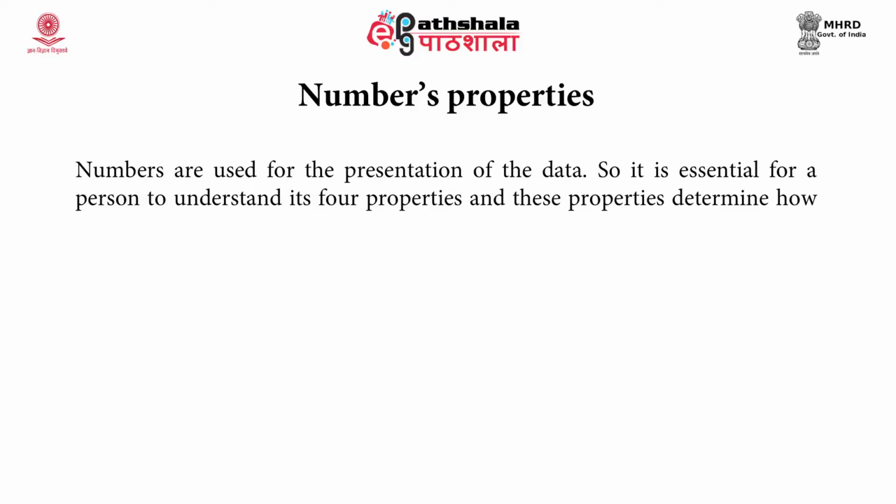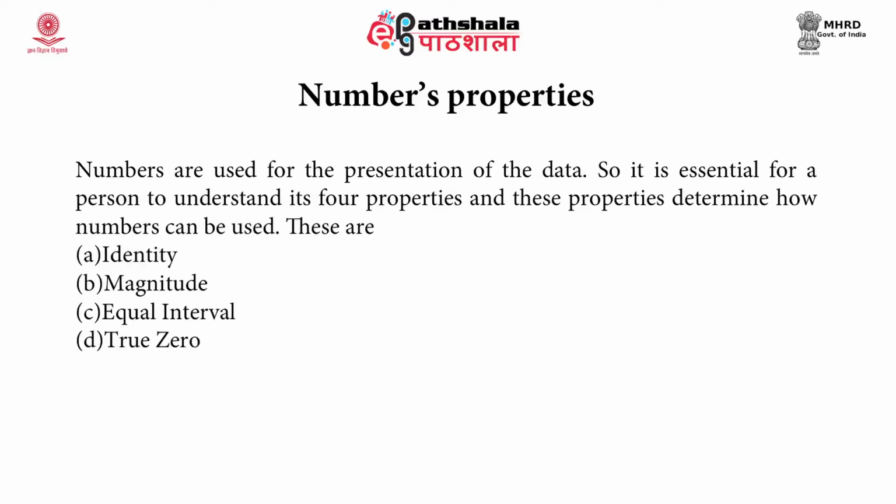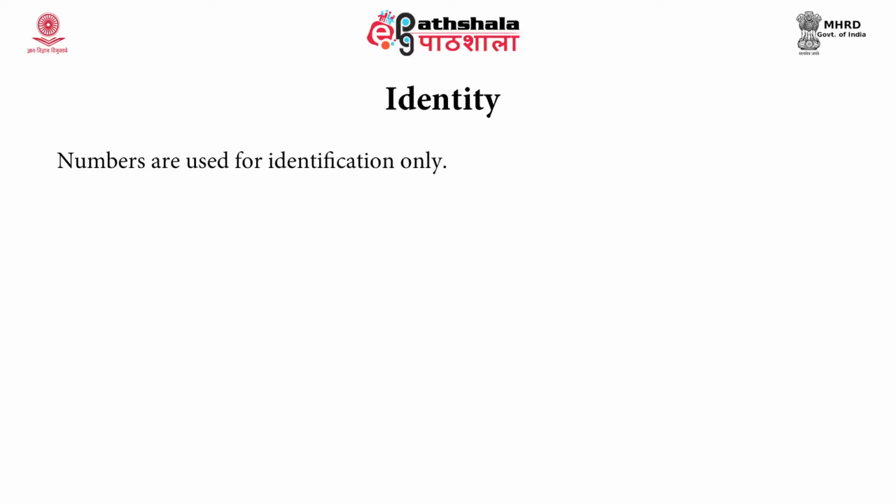So, it is essential for a person to understand its four properties, and these properties determine how numbers can be used. These are identity, magnitude, equal interval, true zero. Identity. Numbers are used for identification purpose only.